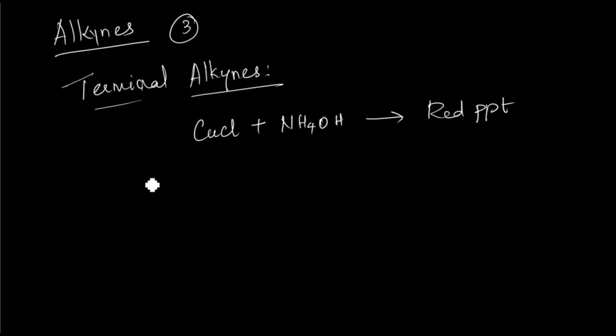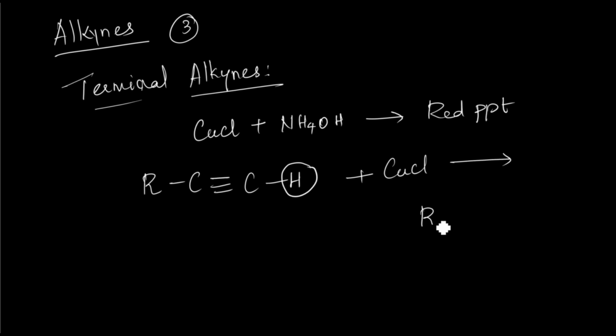The red precipitate forms because of the hydrogen on the terminal carbon. Let's say I'm having it like this. This hydrogen participates in the reaction to form RC triple bond C, Cu, which is a red precipitate.